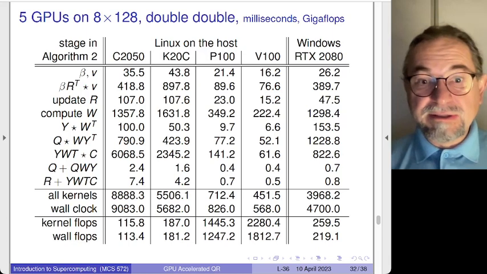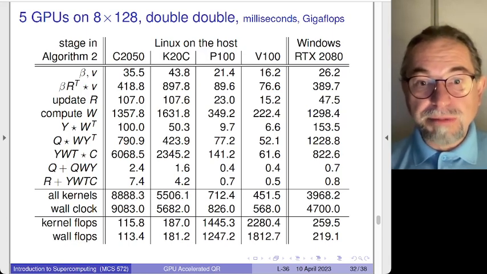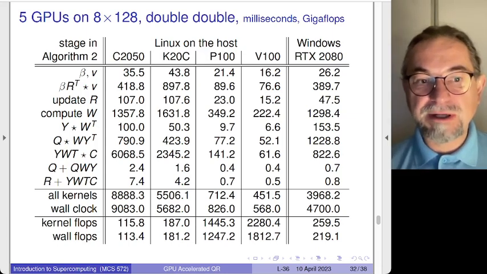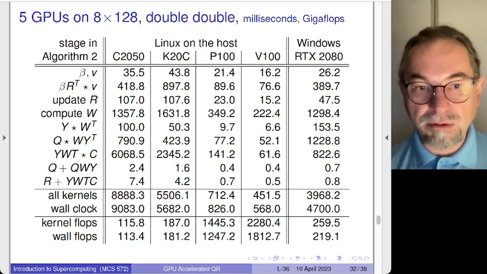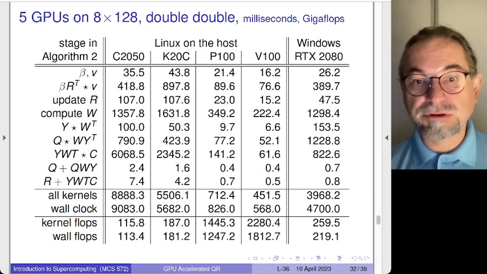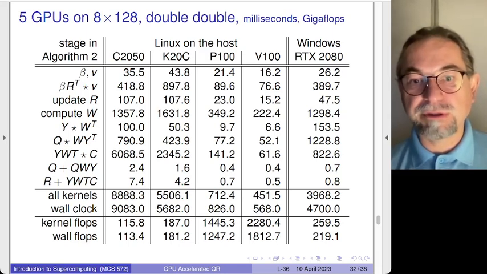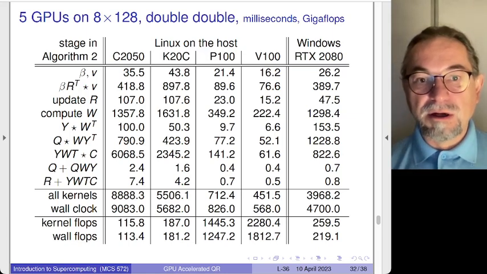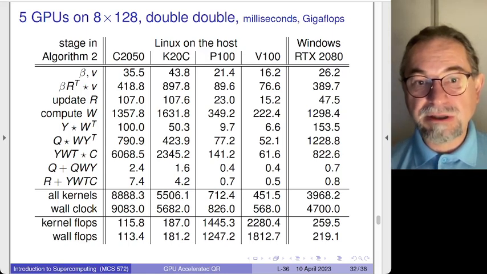So you see that this is also a compute bound problem. There are memory transfers, but the kernel flops and the wall clock flops are bold, more than 1 teraflop: 2.2 teraflops on Volta and 1.8 teraflops on Pascal. So Pascal also realizes teraflop performance.